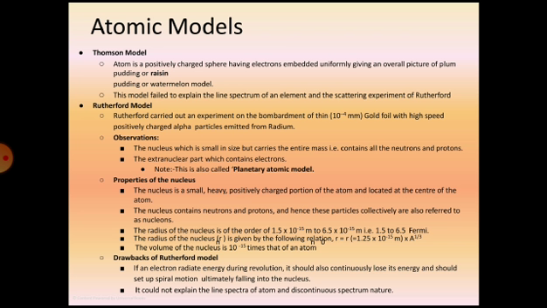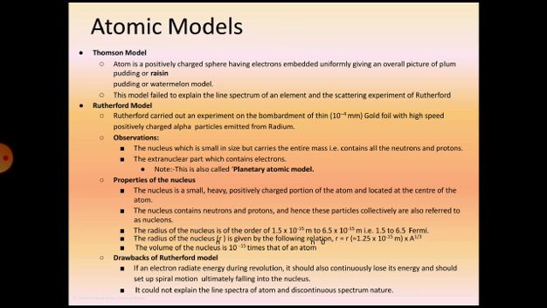It should also continuously lose its energy and should set up a spiral motion, ultimately falling into the nucleus. So if the electron is continuously revolving around the nucleus, either it should gain energy or it should lose energy. It cannot be explained by Rutherford.